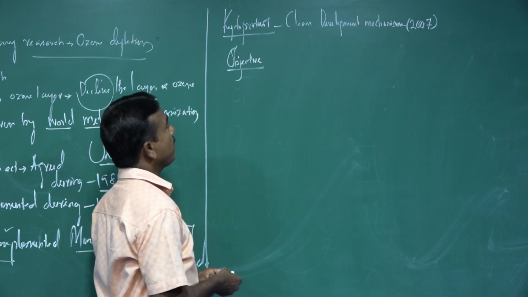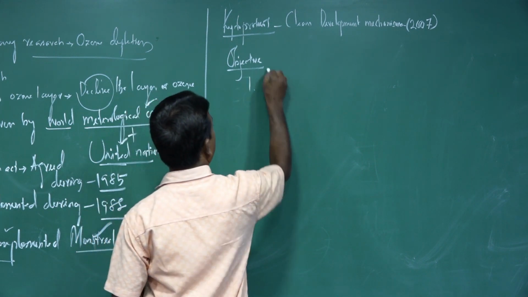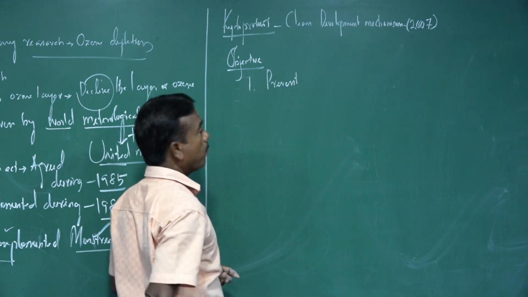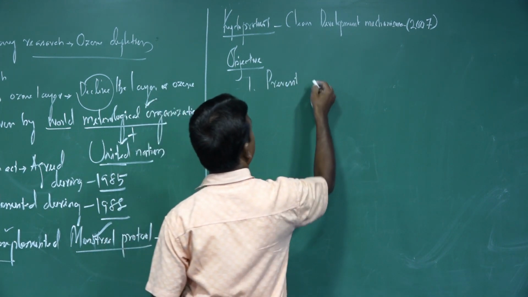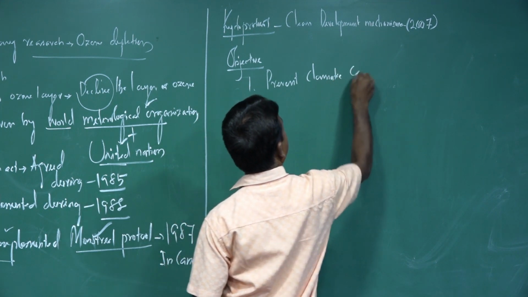What are the objectives of the Kyoto Protocol? The first objective is to prevent climatic changes.